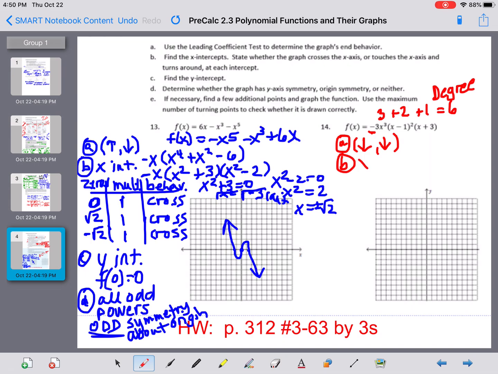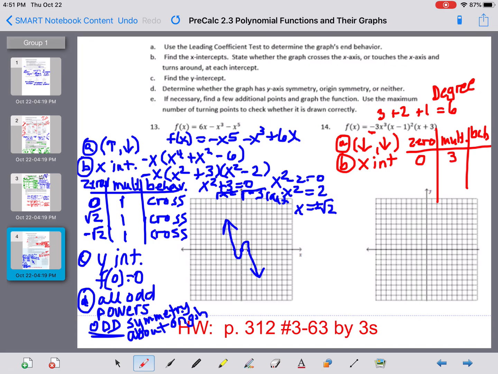For my B, for my x-intercepts, I can go straight to my chart because it's pretty much set up for me. So 0, you know what, I'm going to move this over here because there's more room. So I'm going to put the 0, my multiplicity, and my behavior. Okay, so the first one is a 0 because that -3x cubed, that's 0.